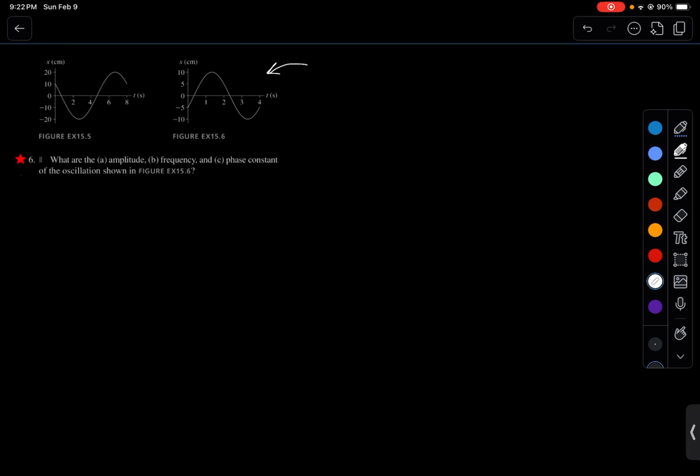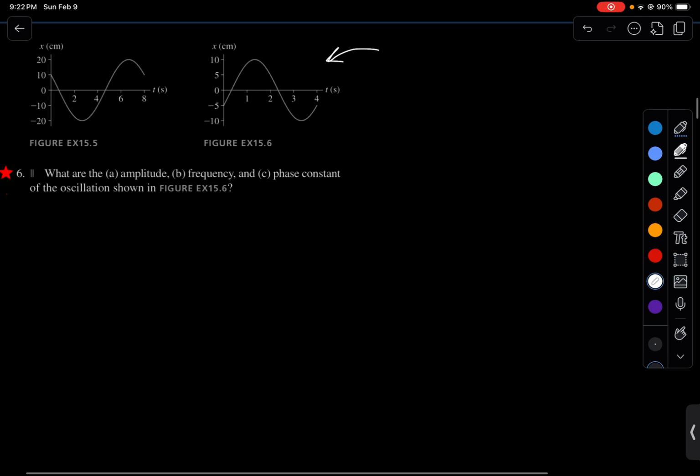So this question is also a very easy question to do. Let's start with the first part, amplitude. To find the amplitude, we don't need to do any calculation at all. We just need to look at the graph.